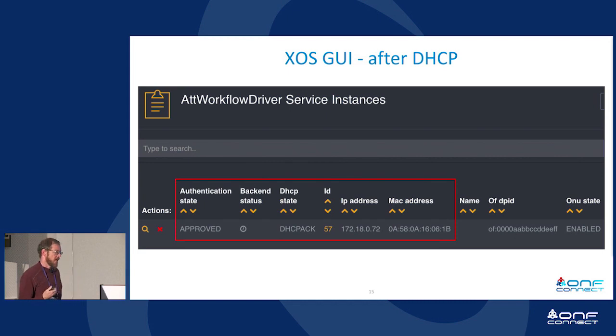There's information about OLTs and ONUs, and you can drill down into subscribers, and you can see the set of IP addresses that has gone out through DHCP. This is just one view of this particular workflow. If you're interested in seeing more about what kind of information there is in XOS, I would encourage you to go check out the SEBA demo over in the adjacent room.